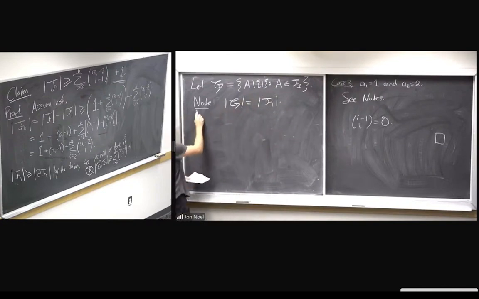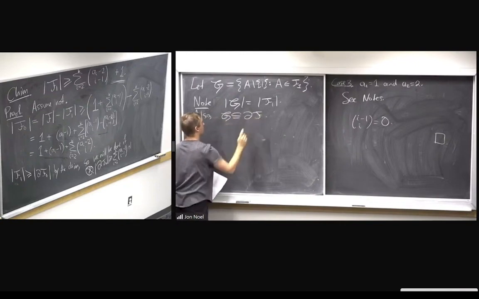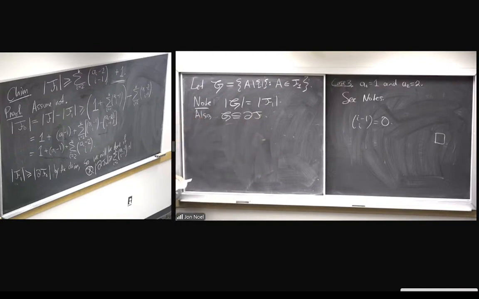Also, G is a subset of the shadow graph. I mean, it's just all the things you get by deleting one, so it's definitely in the shadow.